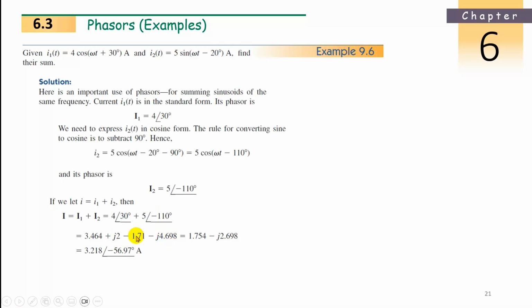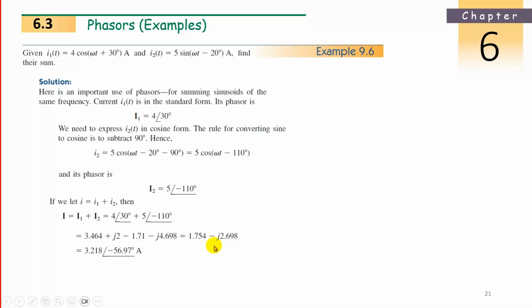So it becomes minus 1.71 minus j4.698. You can convert this in your calculator directly also, it's easy, or you can use your equation. It's up to you. Now join the x terms, 3.464 and minus 1.71. It becomes 1.754. Now the j terms, j2 and minus j4.698 become minus j2.698. So this is the result.